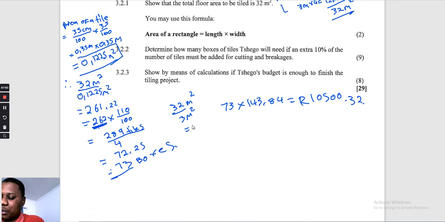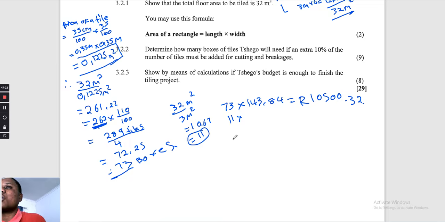So it's 32 divided by 3, which gives us 10,67. This will actually give us 11. So she's going to buy 11 bags of cement because she cannot buy 10.